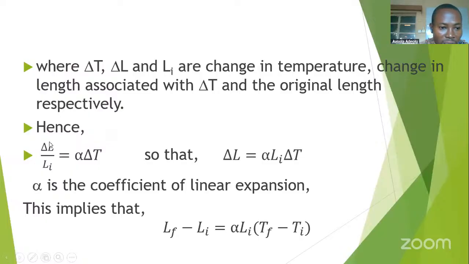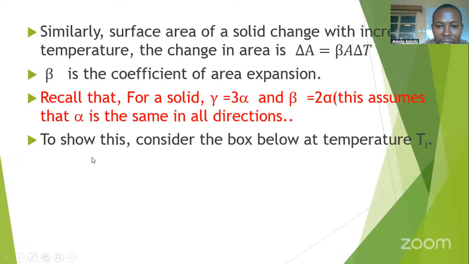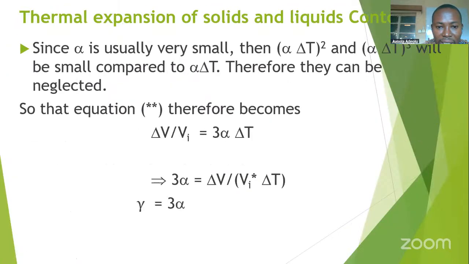The change in the length over the original length is equal to a constant times delta t. So in this case, 3 alpha is our constant, which is represented as gamma. That's why we can have delta V over Vi is equal to gamma delta t. That's how they derive this gamma of 18 that they always give.